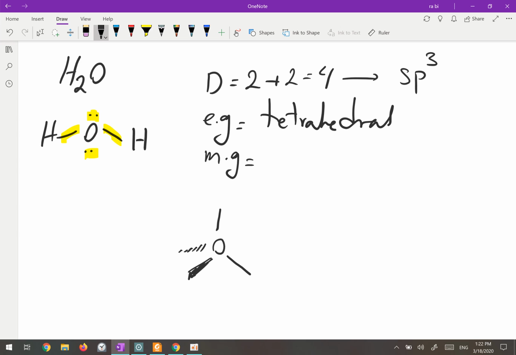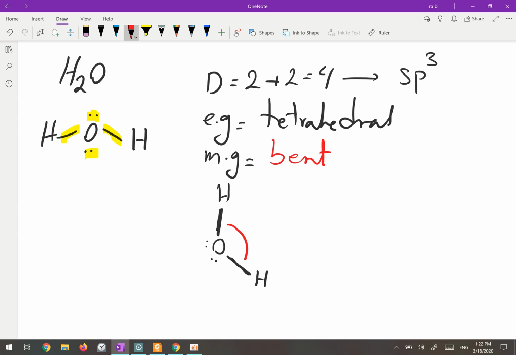Two of them are bonds, so you can draw the bond in any of these domains that you want. I prefer to draw one bond here, H, one bond in this domain, H. What about these two domains that we have here? There are lone pairs inside them. So here I delete this one, I put a lone pair. So this would be the shape of the molecule. How is the molecule? The molecule is bent.